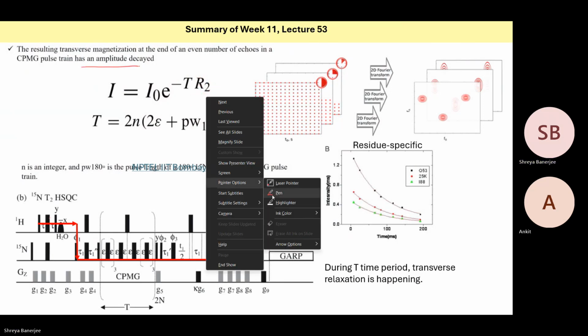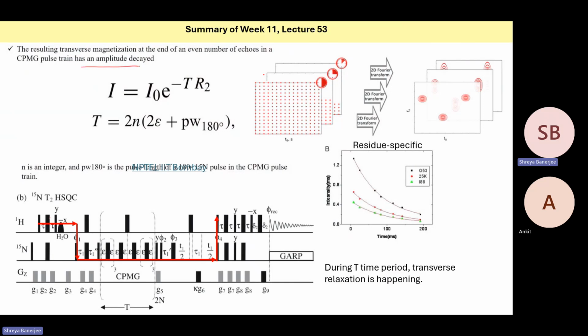So again, like the previous experiment, you are varying this t with different values of t. Suppose t, t prime, t double prime, you are getting a spectra, 2D Fourier transformed into the normal 2D spectra, as we see for t, t prime, t double prime.